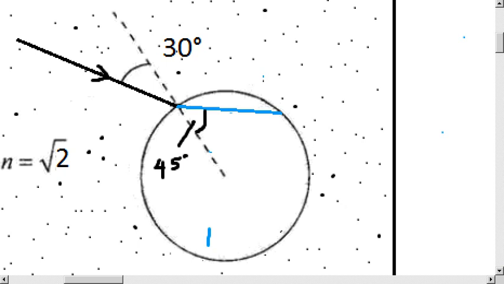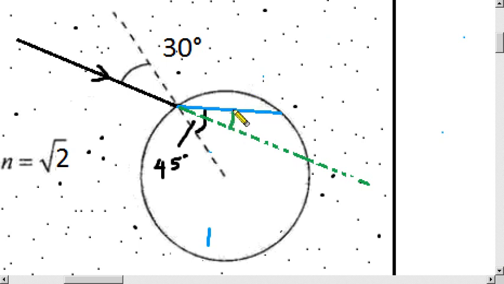So the deviation now, it was heading this way, the incident ray, like this, dashed lines, heading this way. So what is this angle?